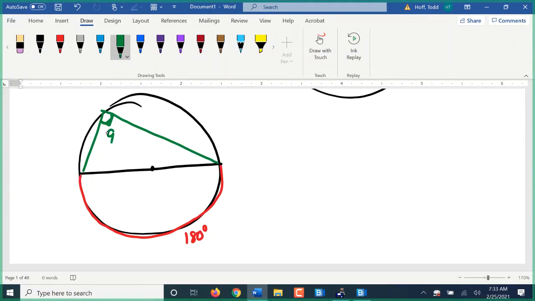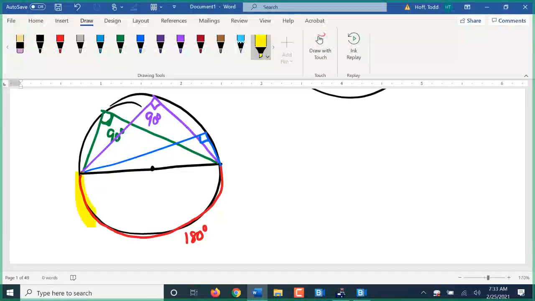It has to be half of 180, or 90 degrees. And any inscribed angle on that arc will also be 90 degrees. That would be 90 degrees. This would be 90 degrees. Any angle that's inscribed on half a circle, inscribed on the diameter of a circle, if you want to look at it that way, has to be 90 degrees because the intercepted arc is half a circle, or 180 degrees.